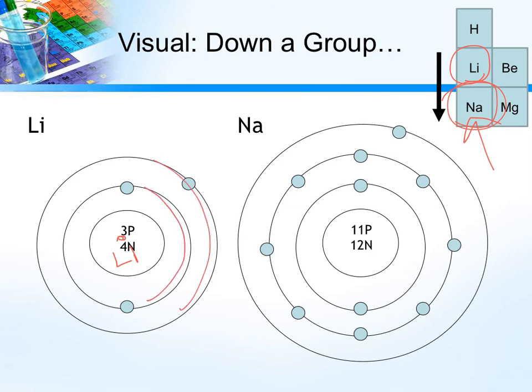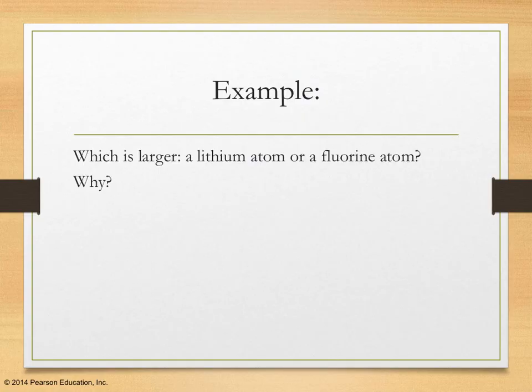So its atomic radius would be represented with a vector from the nucleus to the second energy level. Sodium, on the other hand, has 3 energy levels, 1, 2, 3. So its radius would be represented by a vector going from the nucleus out to the third energy level. Those additional energy levels add a great deal of size to an atom. So that explains the trend going from top to bottom down a group.